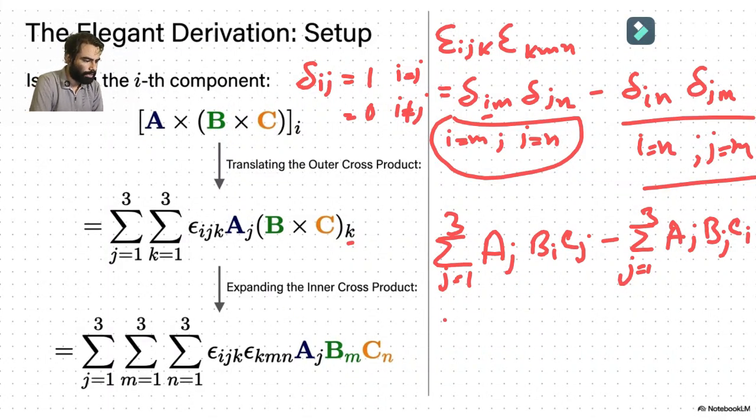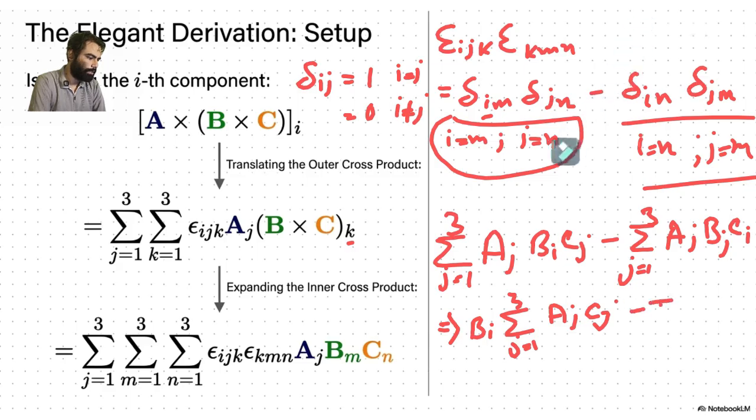So that can be written as bi. You can take this bi out, sum over j equal to 1 to 3 of aj cj, minus you can take this ci out of the summation over j from 1 to 3 of aj bj.